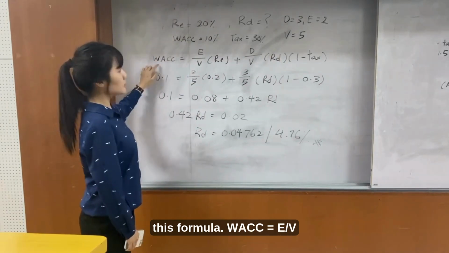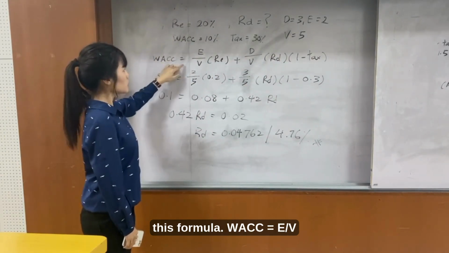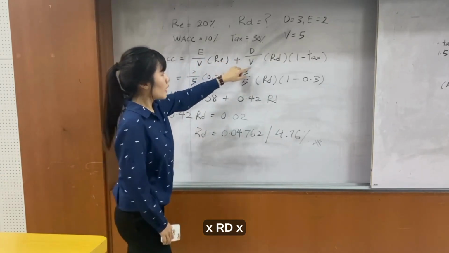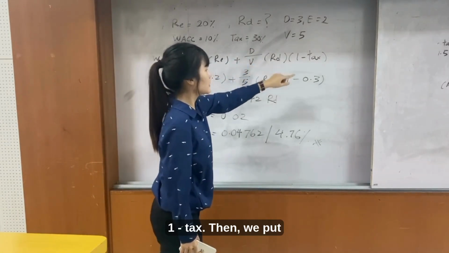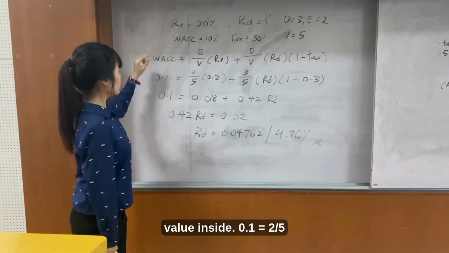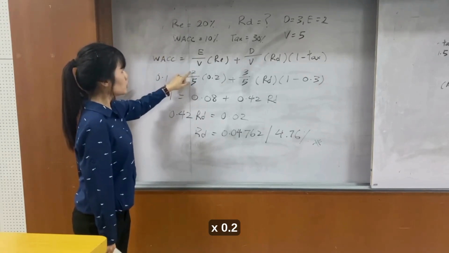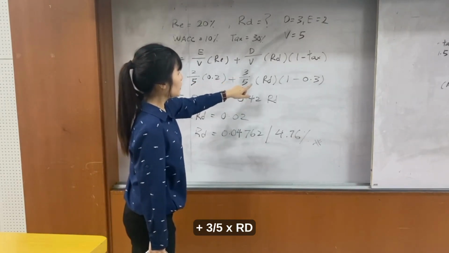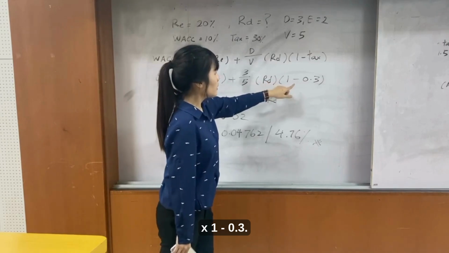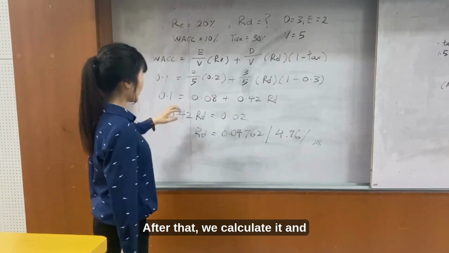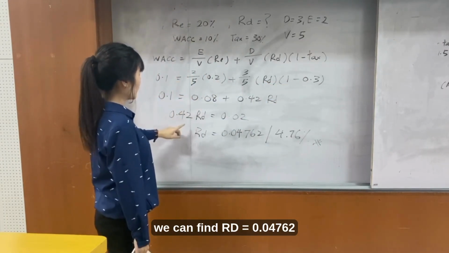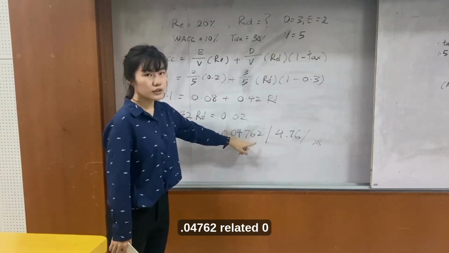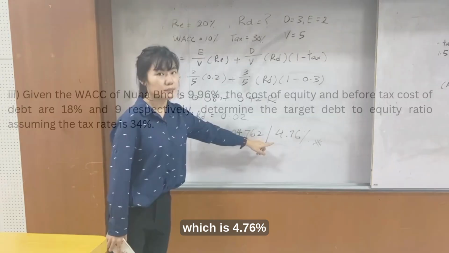So we can use this formula: WACC equals E over V times RE plus D over V times RD times (1 minus tax). Then we put the values inside: 0.1 equals 2 over 5 times 0.2 plus 3 over 5 times RD times (1 minus 0.3). After that, we calculate it and we find RD equals 0.04762, which is 4.76%.